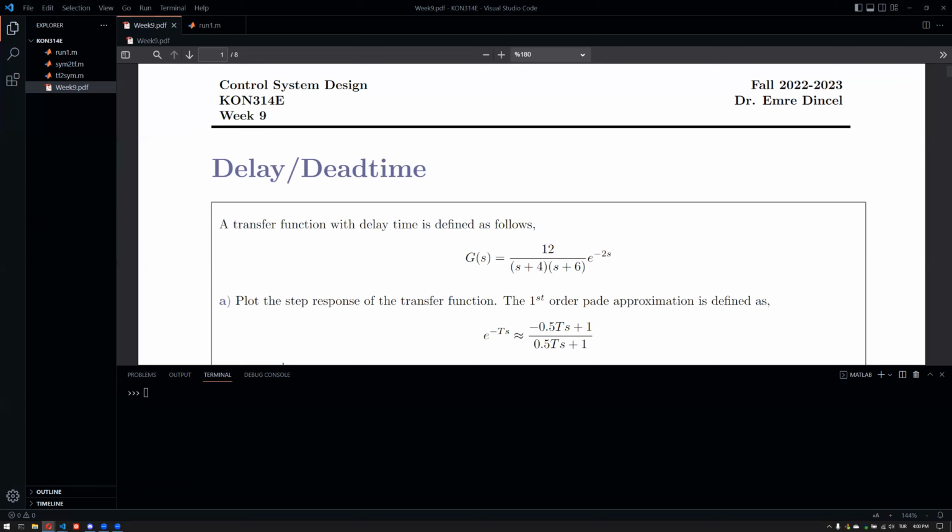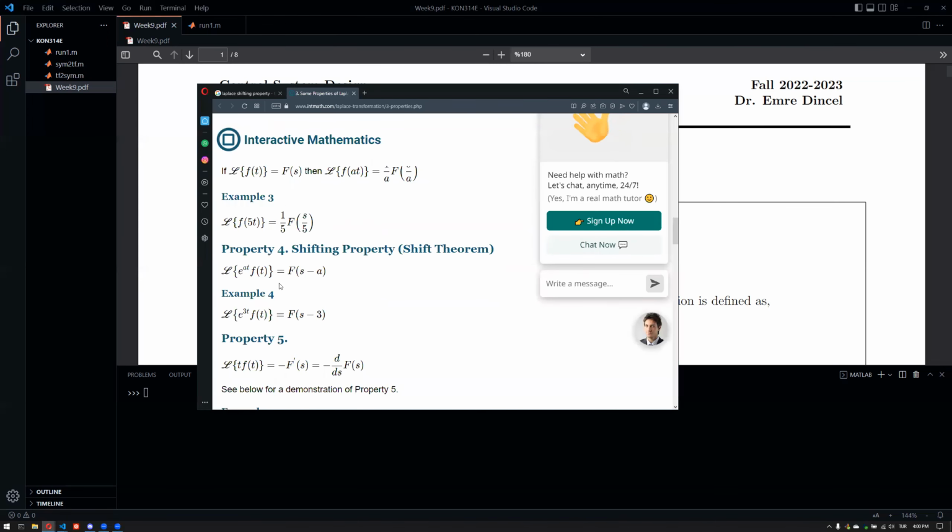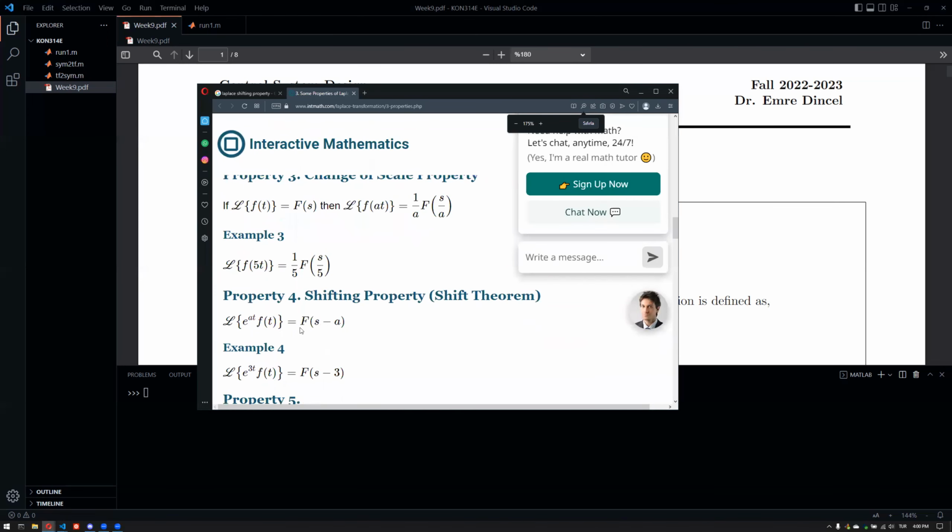Yeah, where is it? There we go. Here I have that. Now, the shifting property basically adds an exponential term here. If you shift it in the Laplace domain, you will have that.